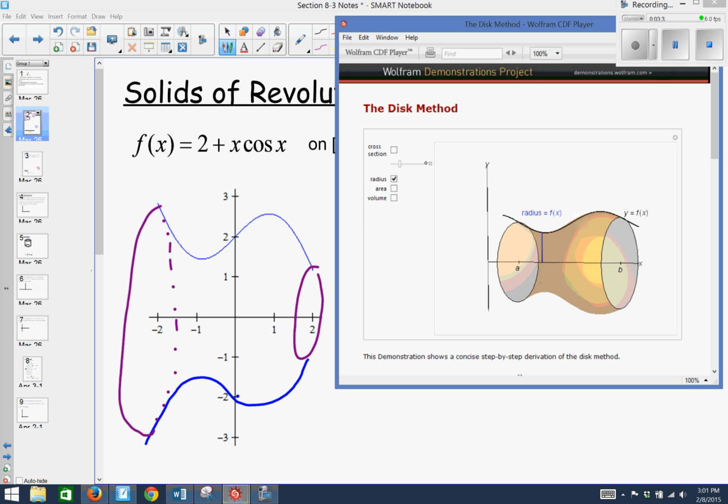So I can see here that no matter where I were to put a cross-section, the radius of it is where the height of the function is for that x value. So I need that radius, which means area is pi times the radius squared, so it's pi times the function squared.